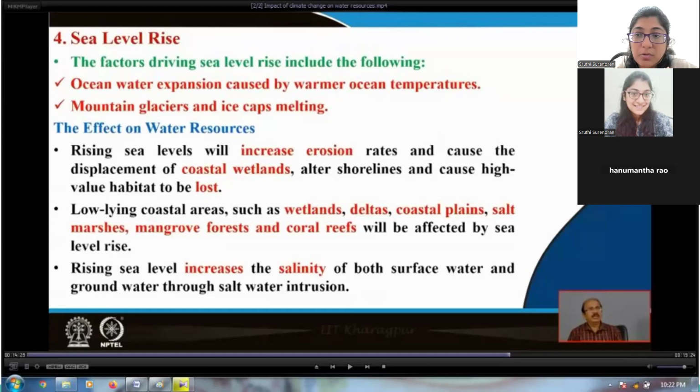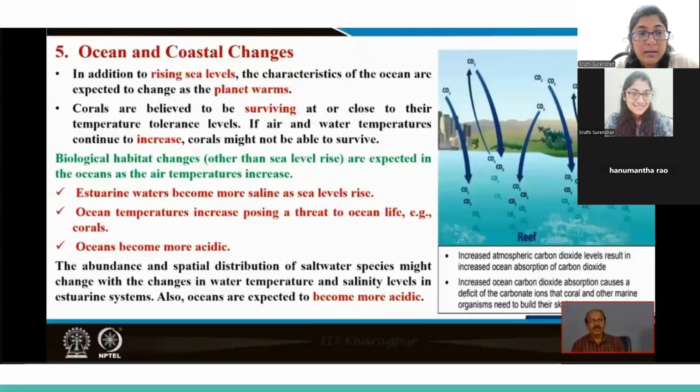The coastal areas are going to subside, and there are studies that have shown that in a couple of decades, a lot of land is going to go underwater because of this rise in sea level. Particularly wetlands, deltas, coastal plains, mangrove forests, all of these are going to be highly impacted by sea level rise. All of this comes under that.